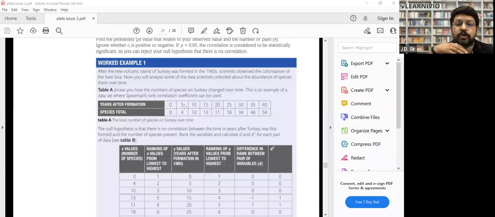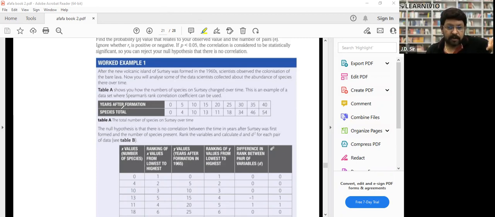Due to the volcanic eruption, land formed, plants grew, and then different animal species came over there and colonized. Now the scientist is studying data on species diversity.